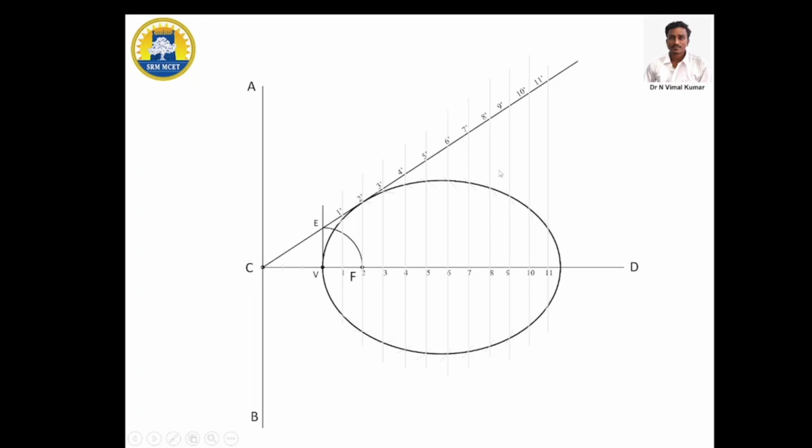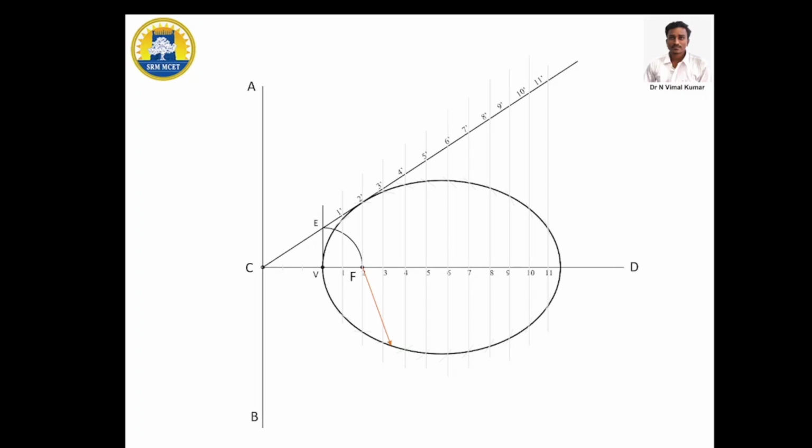It depends upon the length of the vertical lines, 10 dash, 10 dash, 11 dash. So each value you can measure, the F2 10 dash arc, F2 11 dash arc. Similarly once the ellipse is completed, we need to draw the tangent line.